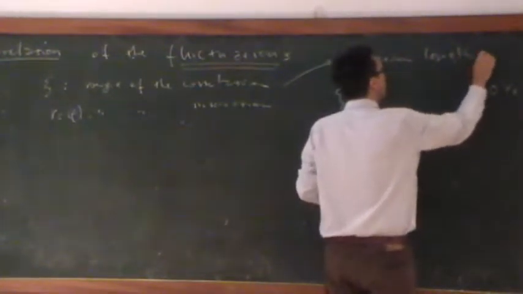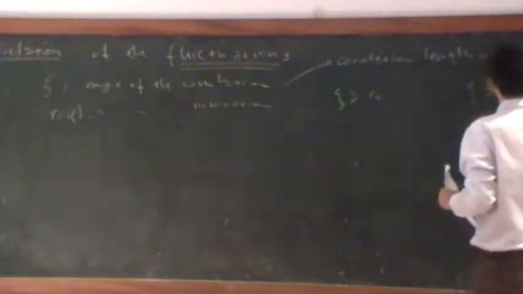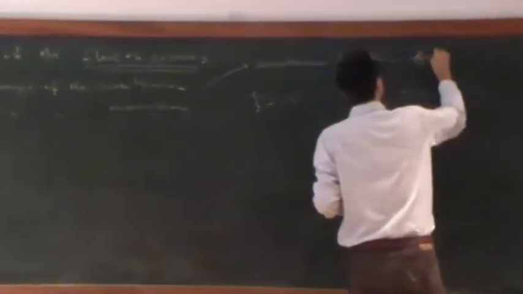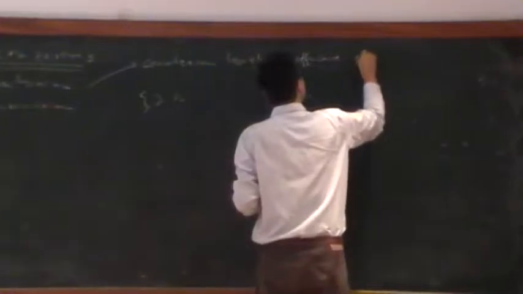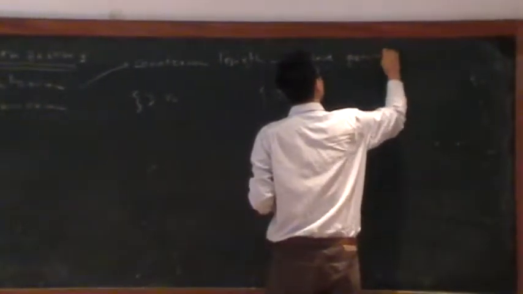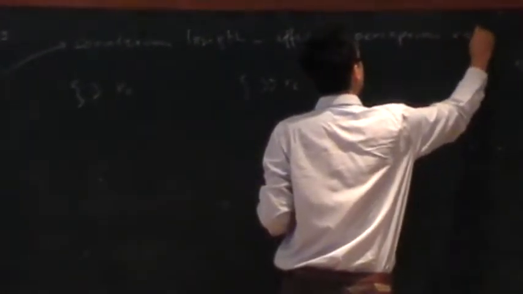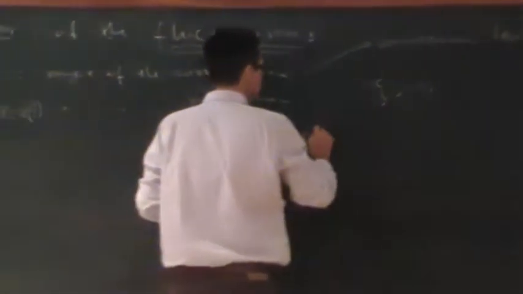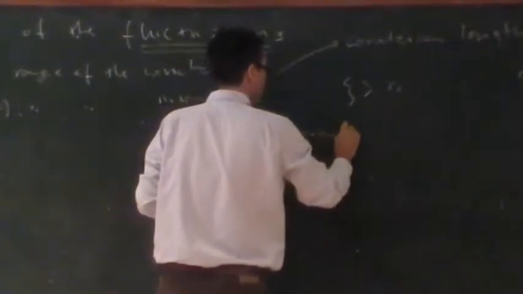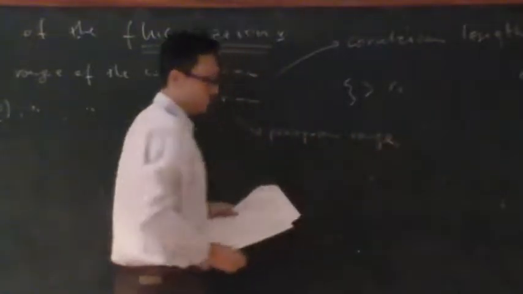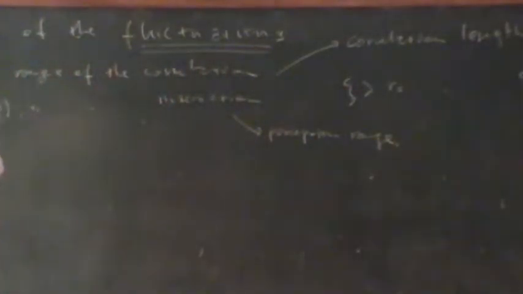In physics, and sometimes in biology, they call this the effective perception range. And they call this the perception range. So the idea is that the perception range is really the range of the interaction.